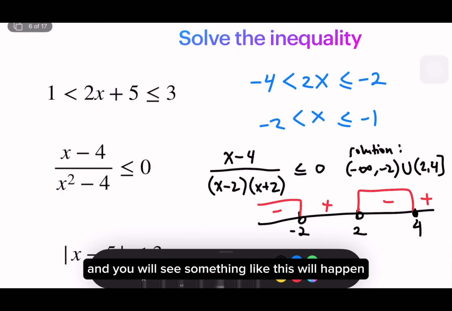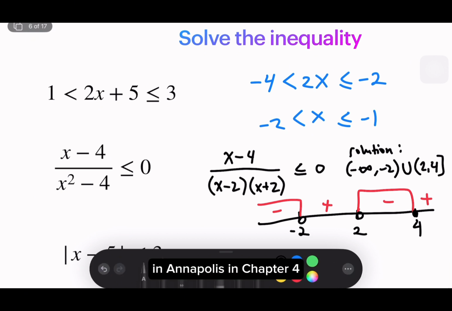You will see something like this in calculus in chapter 4. You learn that when you have the slope and you need to make it 0, you then see whether it is positive or negative, and you will have this kind of solution as well.